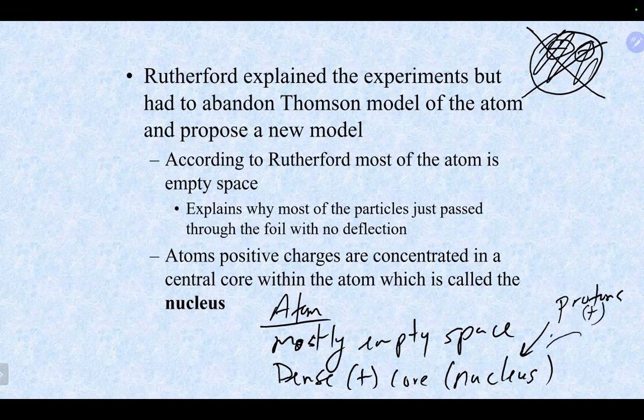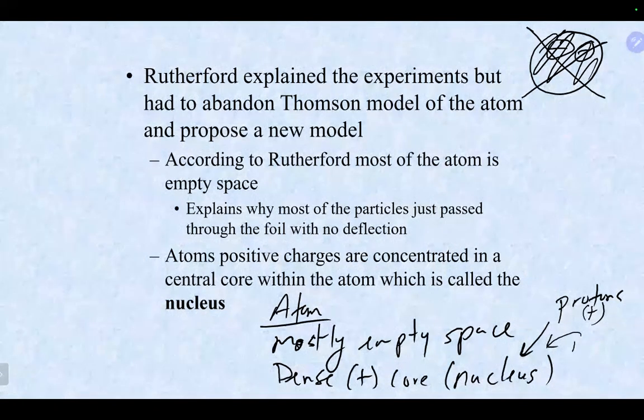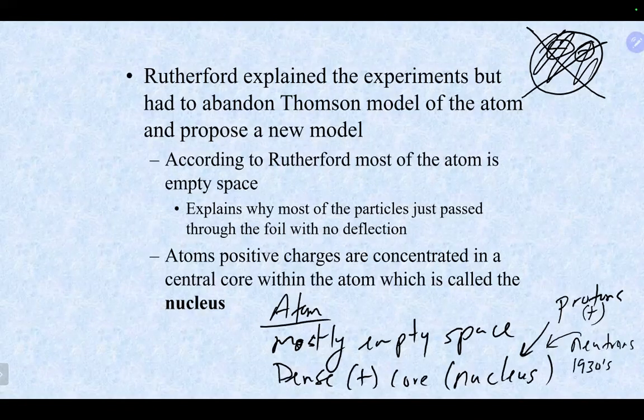Later on, in the 1930s, neutrons were discovered to also be in there, with no charge, obviously not at this particular point in time. And the idea here was that the electrons were out from the nucleus at some distance, and the electrons are traveling in that empty space.